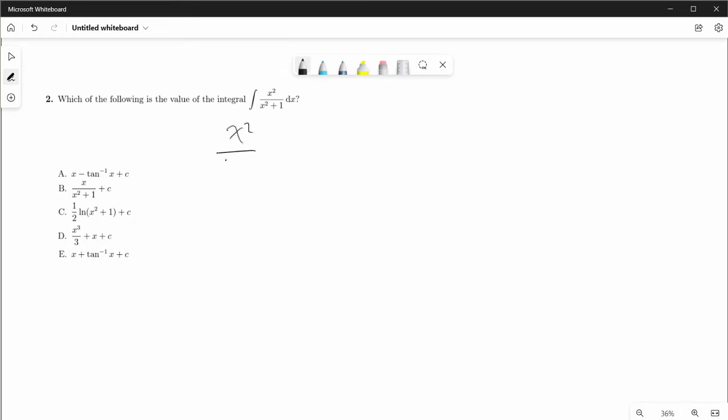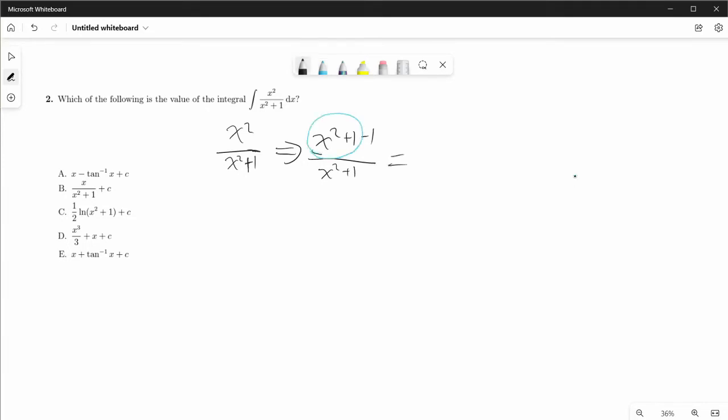Notice the power of the x is the same on top and bottom. So what I can do here is actually, it's sort of like long division, but I can do a +1 and then -1 on top, so that will not change the value, and then I can take this x squared plus 1 off, right?